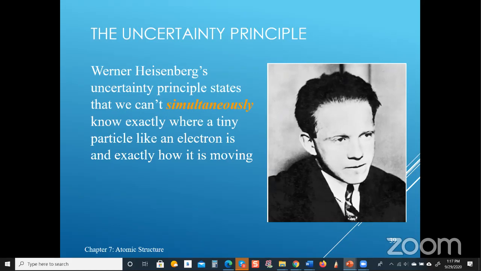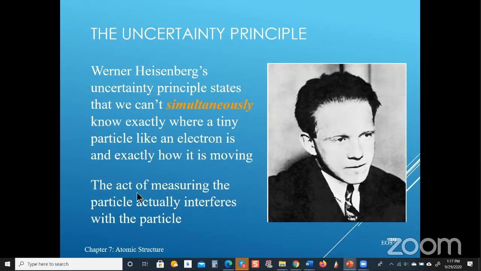Okay, and this is also another important concept which kind of falls in line with what I just said, the uncertainty principle. According to Werner Heisenberg, who developed this principle, we cannot simultaneously determine where a tiny particle like an electron is and exactly how it is moving, all right?